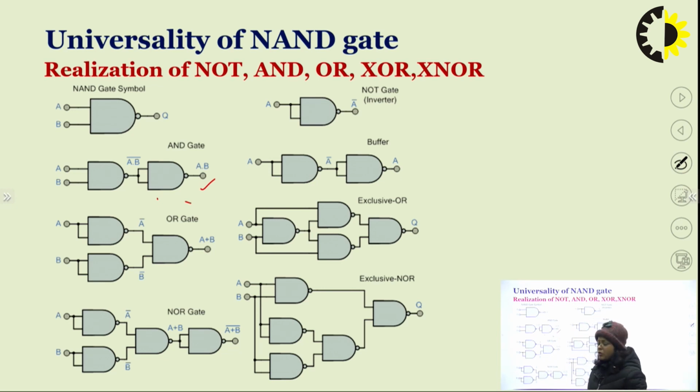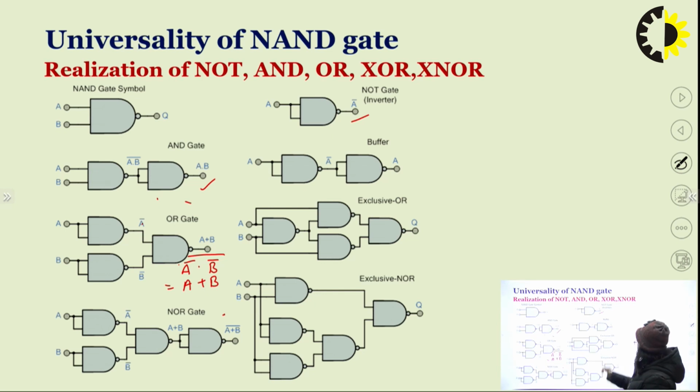If we talk about OR gate, we take two NAND gates as inverters, that is both inputs common, then the outputs will be A bar and B bar, and if we do the NAND operation of these outputs, we get (A bar dot B bar) whole bar, that is A plus B. Now moving towards NOT gate, if both the inputs are common, then it is a NOT gate.